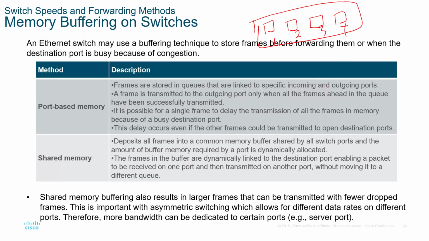Let's say your information is being sent from port 1 to port number 2. So we're sending information here. The information comes from a PC. The PC sends a lot of information that reaches the frame here. But probably port number 2 is receiving some information coming from another port, port number 3.